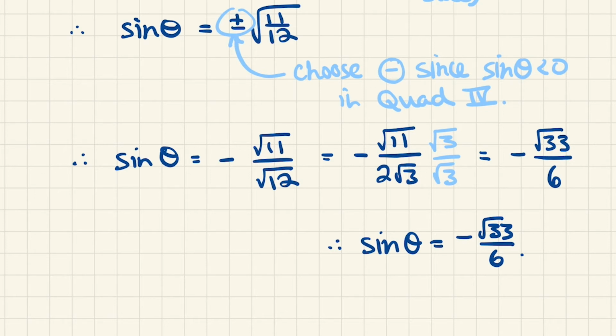All right, now it's perfectly reasonable if you're looking at everything that we did and thinking, wow, we could have solved this using a right triangle with way less writing, and you're absolutely right.